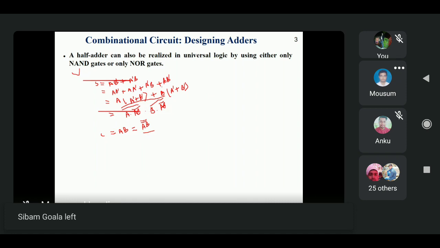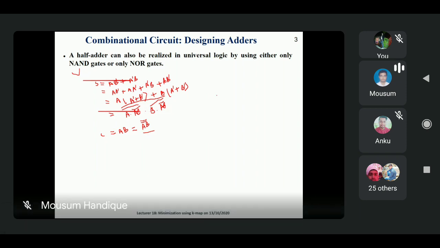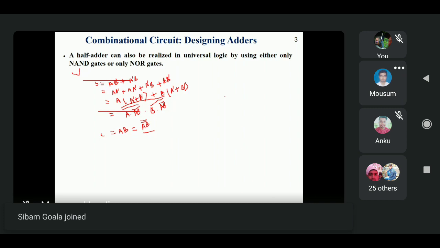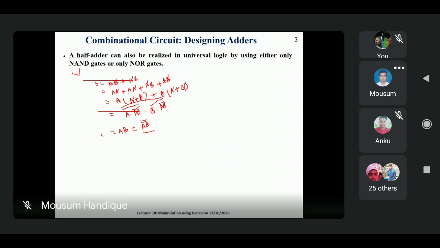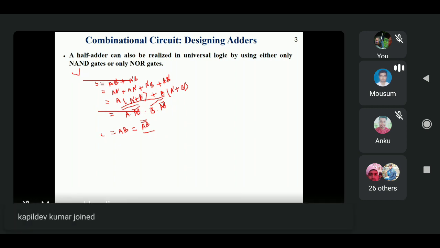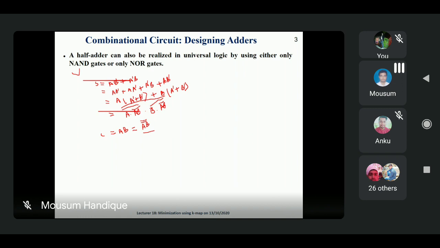After that, you can draw the circuit based on this expression, but remember, when you are designing the circuit, only NAND gates must appear, no other gates are allowed. And if you are designing with NOR gates, then only NOR gates should appear in that circuit, no other gates are allowed.